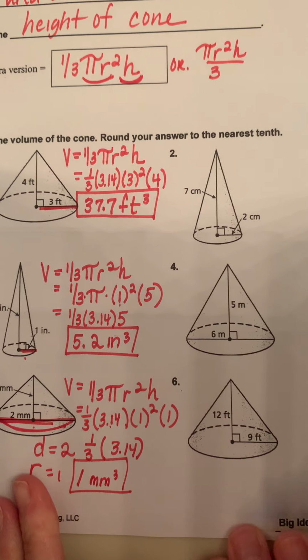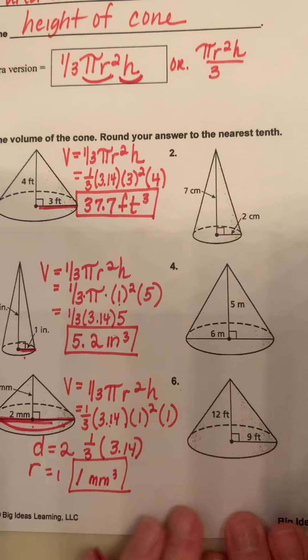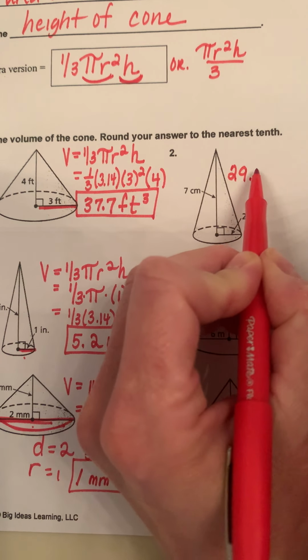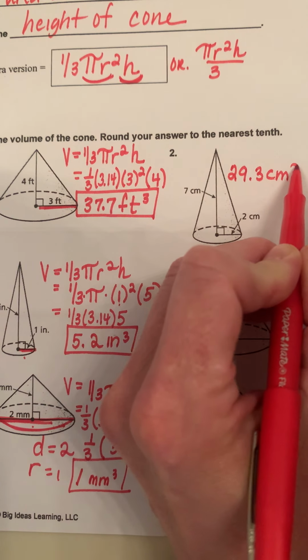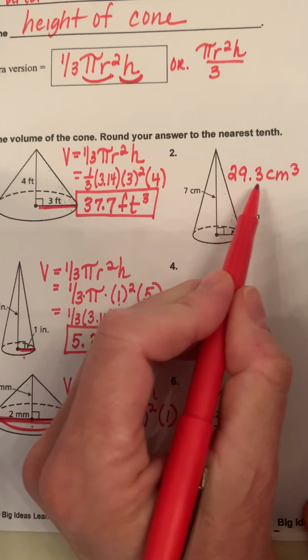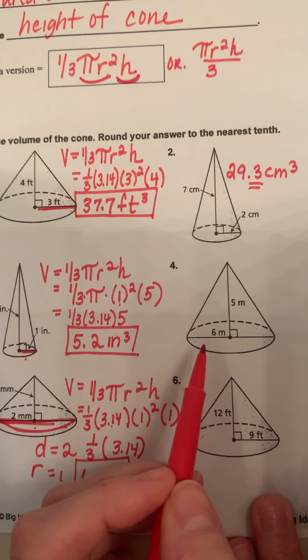If you think you need more practice, what I'm going to do is just write the answers down for these 3. So this is 29.3 centimeters cubed. It may be a little off because on the notes I did use pi, since if we're in the classroom, we would use pi. So it may be a little off there if you try these.